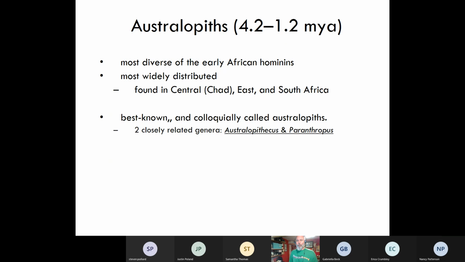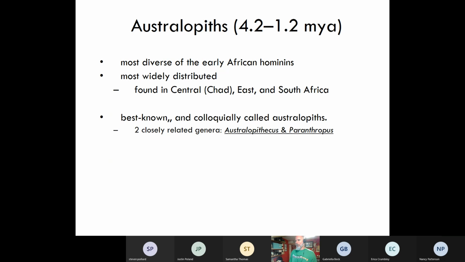So, Australopithecus. Australopithecus is the colloquial term that we use as an umbrella term to also refer to Paranthropus and Australopithecus.